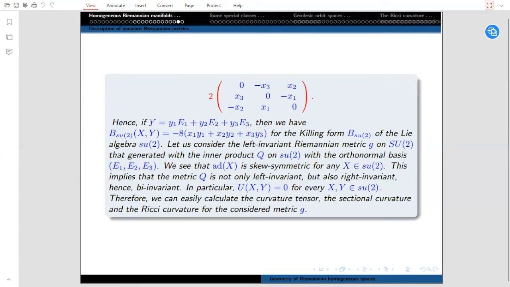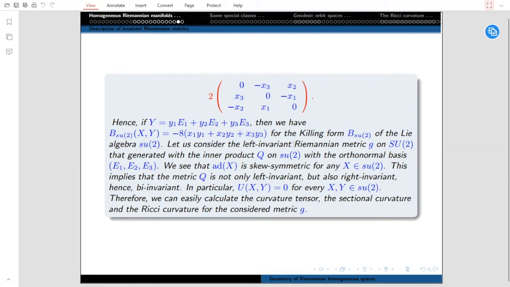And if we take another vector y of this kind, then the Killing form between x and y can be calculated by this formula. You see the usual Euclidean inner product for this Killing form on the Lie algebra.